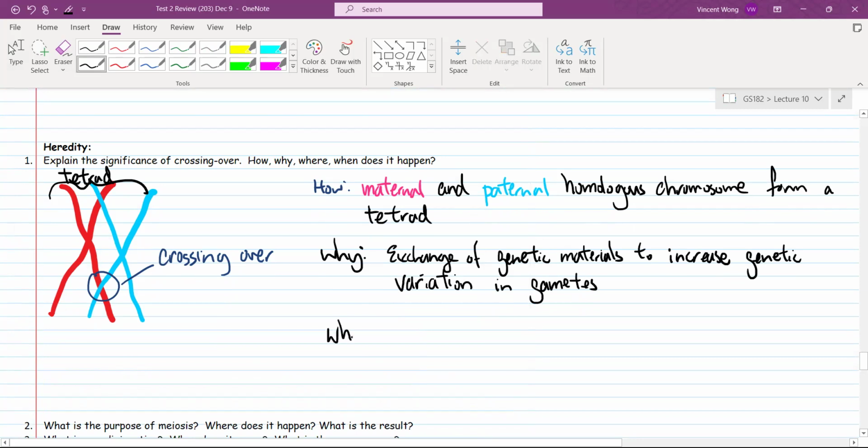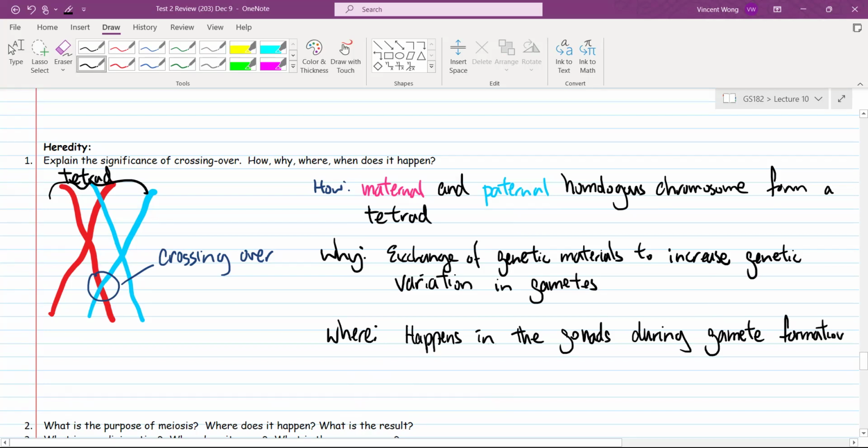Where? Happens in the gonads during gamete formation. When?